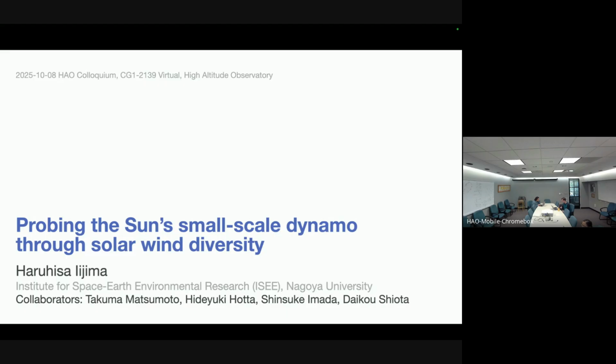Haruhisa Izima is an associate professor at the Center for Integrated Data Science, Institute for Space, Earth Environmental Research, Nagoya University. He received his PhD in Earth and Planetary Science from the University of Tokyo in 2016, where he developed numerical codes for radiative magnetohydrodynamic simulations to study solar chromospheric jets.